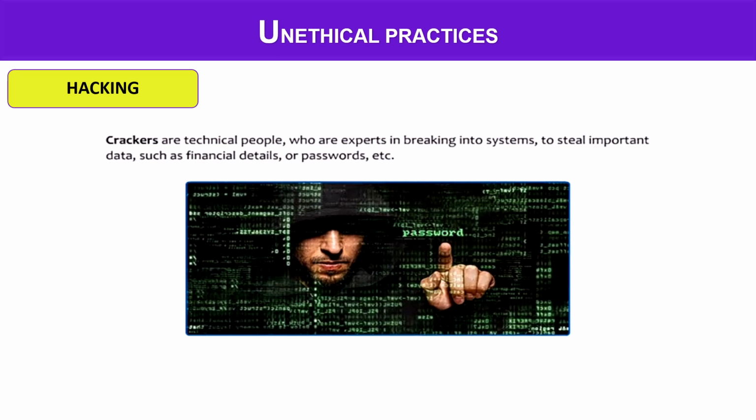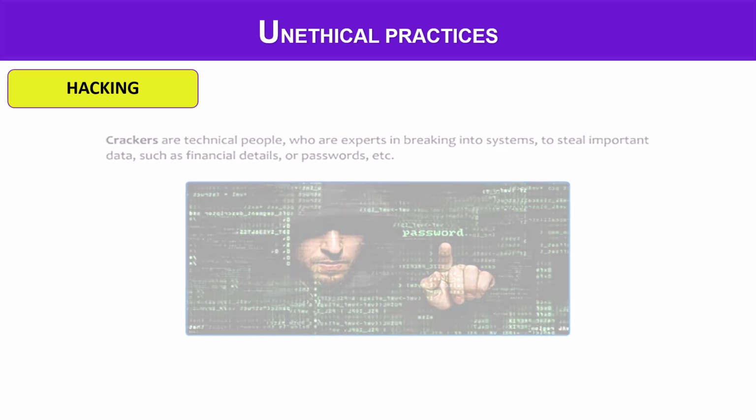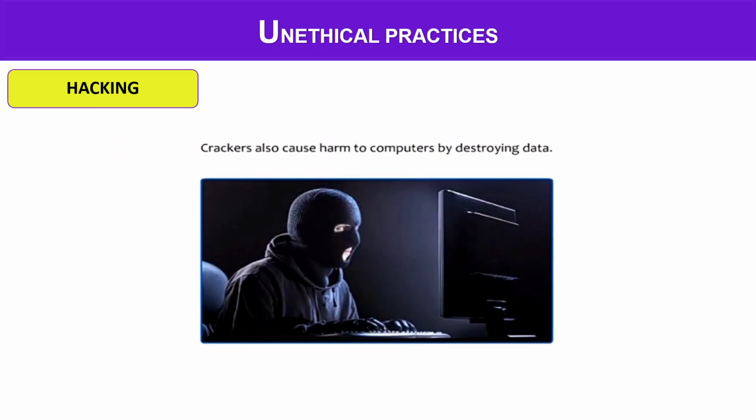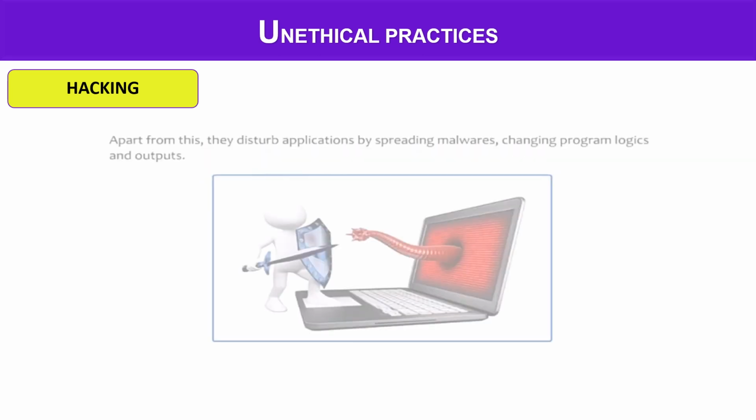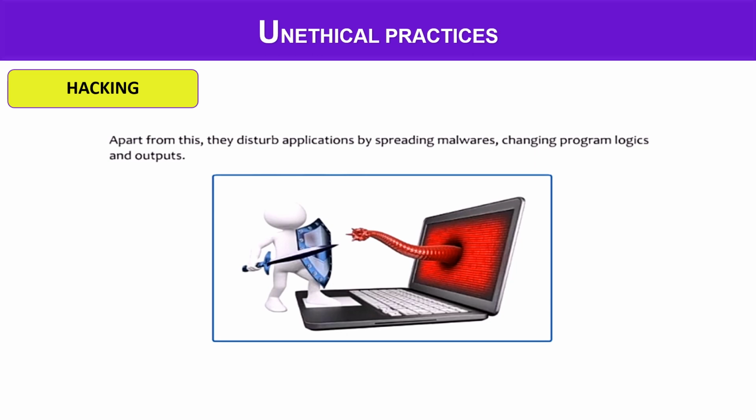Crackers are technical people who are experts in breaking into systems to steal important data such as financial details or passwords, etc. Crackers also cause harm to computers by destroying data. Apart from this, they disturb applications by spreading malwares, changing program logics and outputs.